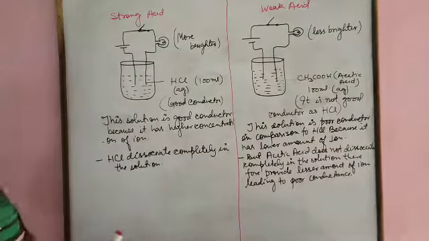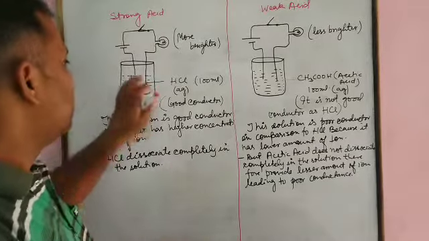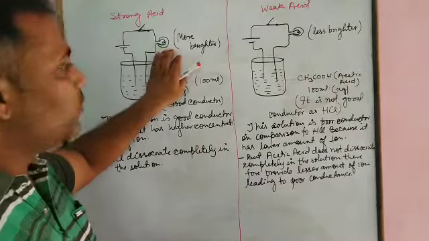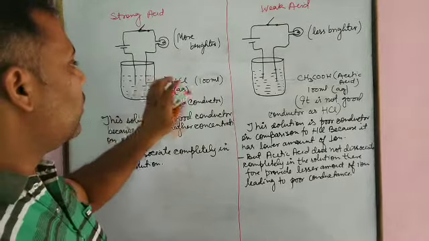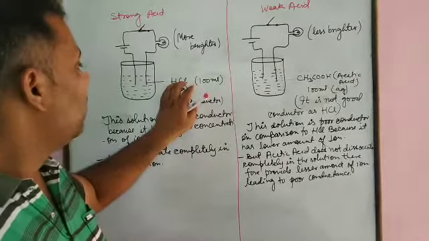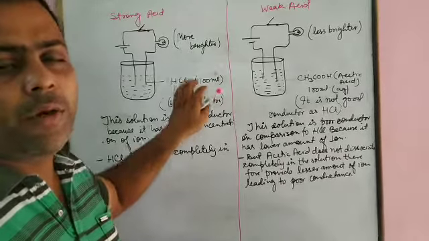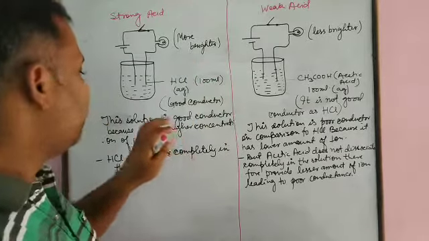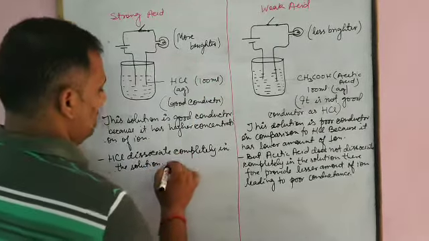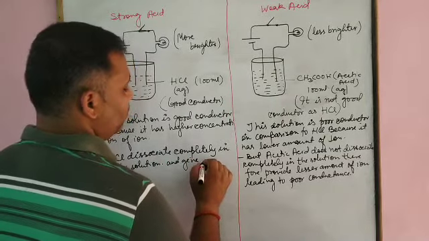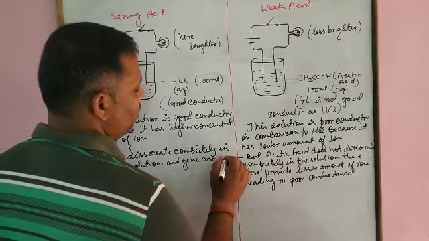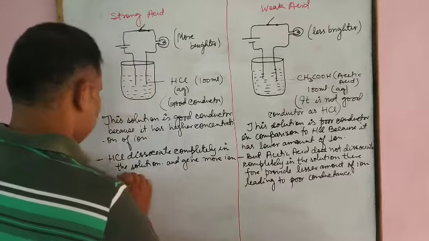It means what we have discussed: this bulb is brighter because this solution is a good conductor, because it contains hydrochloric acid. This hydrochloric acid dissociates completely in the solution, and therefore gives more ions in the solution.